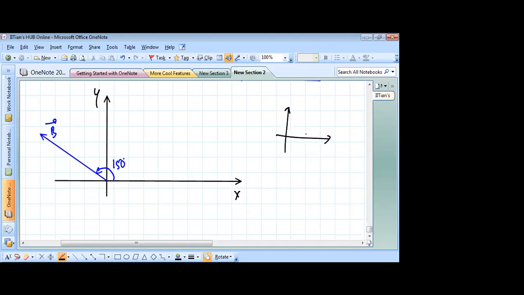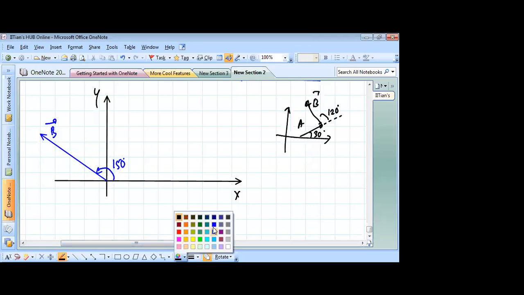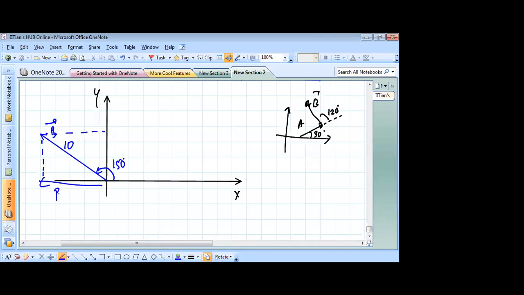If this was our vector A, and vector B was like this, where this angle was 120 and this angle was 30, then when you place B here, the angle with the x-axis is 150. And its magnitude is 10. So when you drop this perpendicular, and this perpendicular, this is going to be your Bx, which will be a negative component because it's lying along the negative x-axis. And this will be your By.